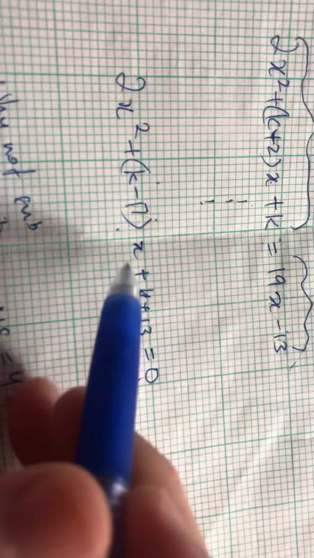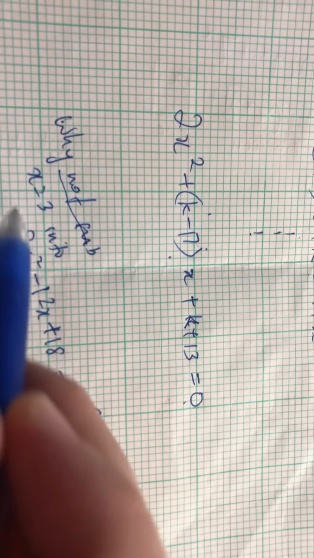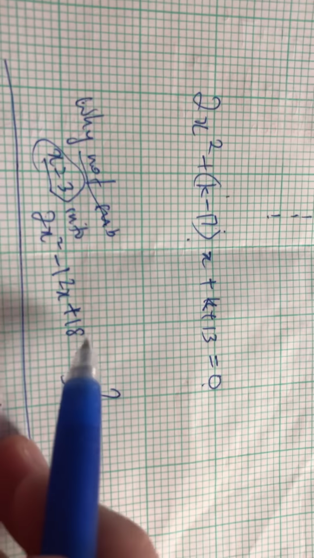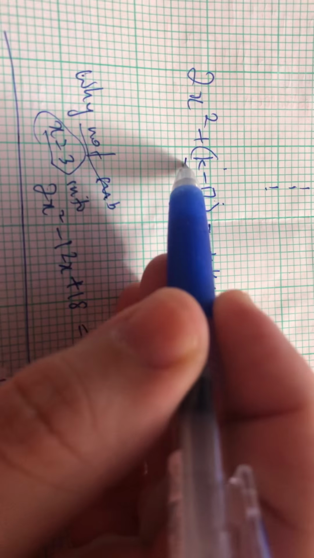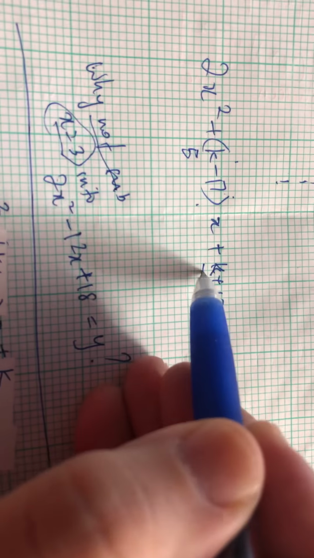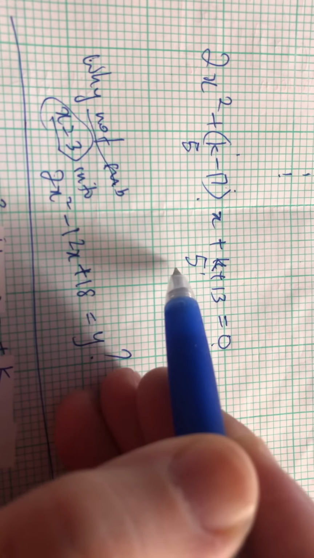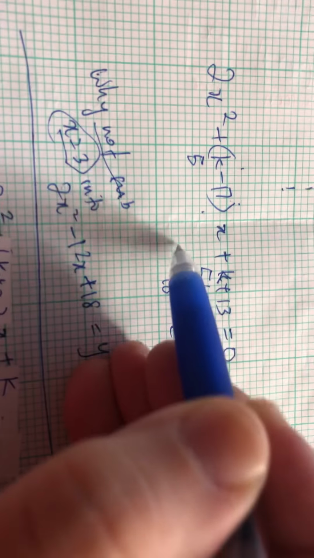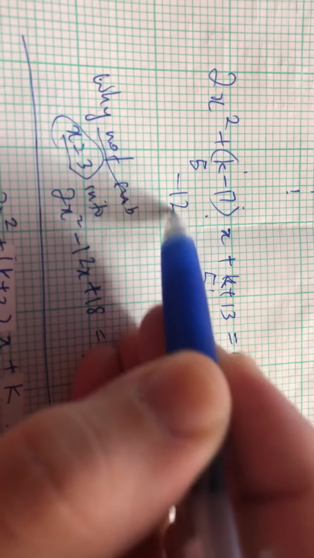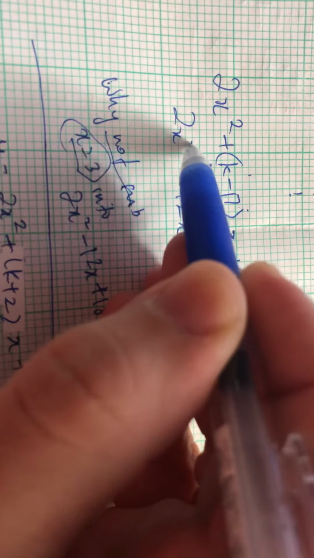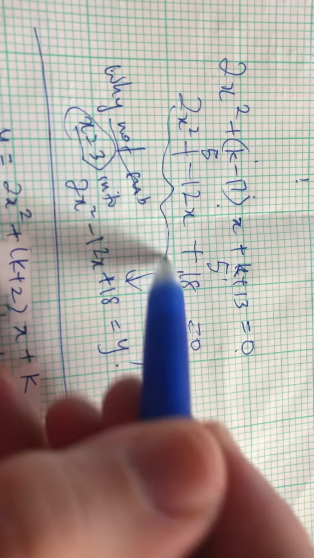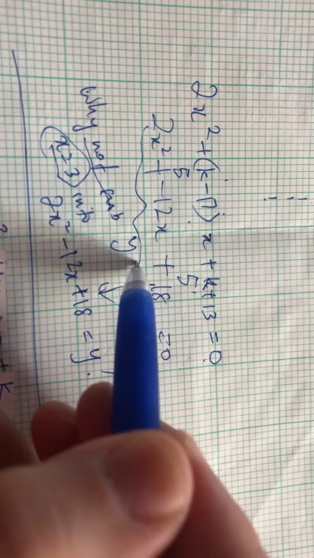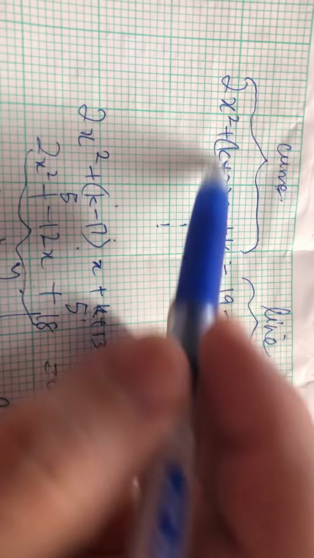All right, so when you try to sub x equals 3 into here after substituting k equals 5, you will get this. Okay, this is not the y curve that we are talking about originally.